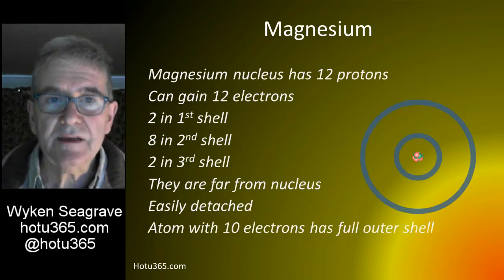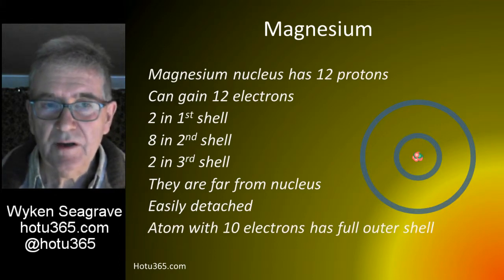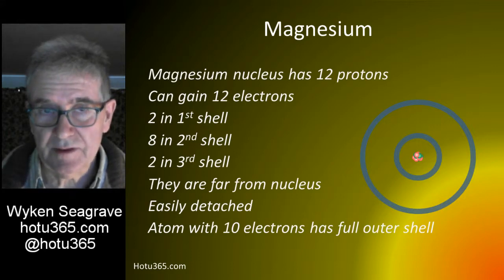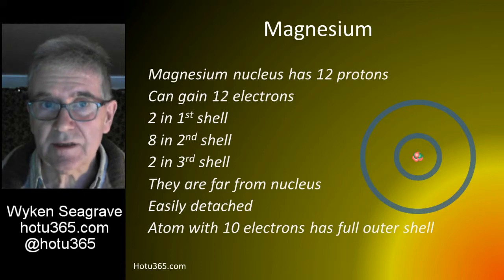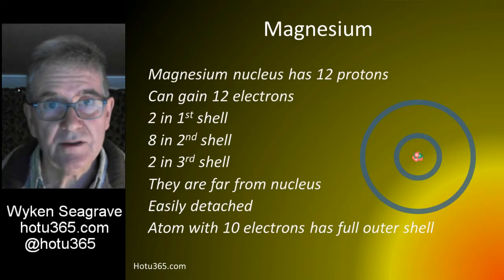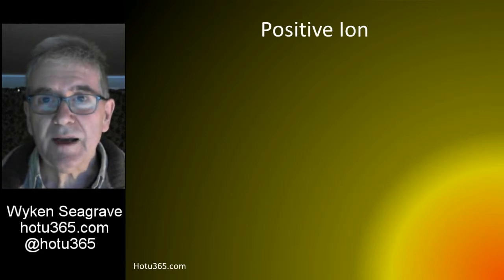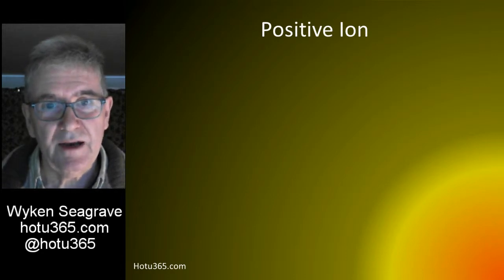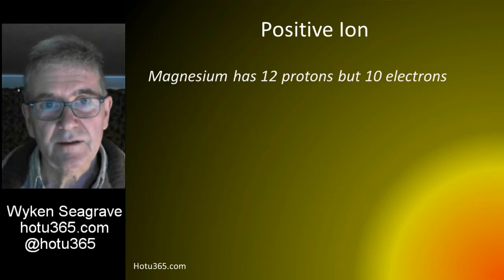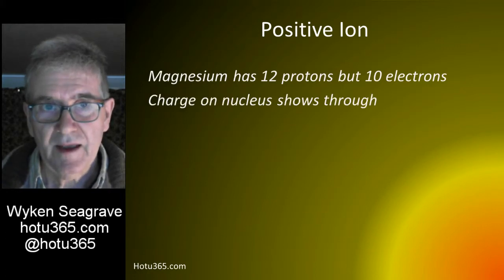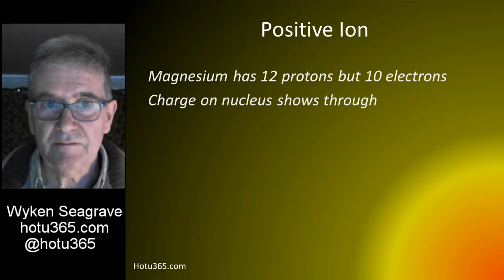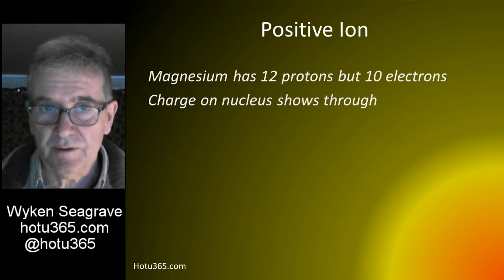This leaves a magnesium atom with 12 protons but only 10 electrons, and these 10 electrons give it a full outer shell. Typical magnesium atoms, therefore, have 12 protons and 10 electrons, and the charge on the central nucleus, the 12 protons, shines through.